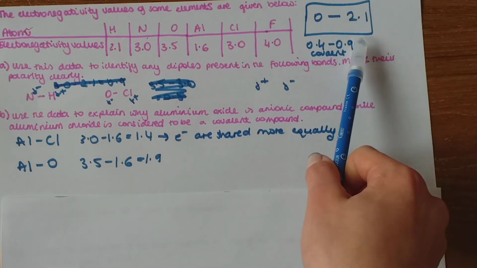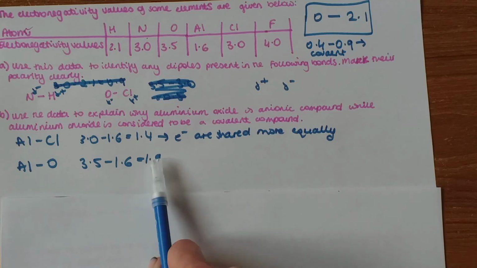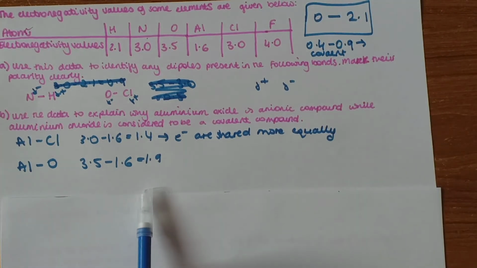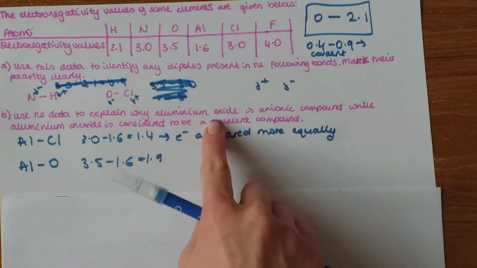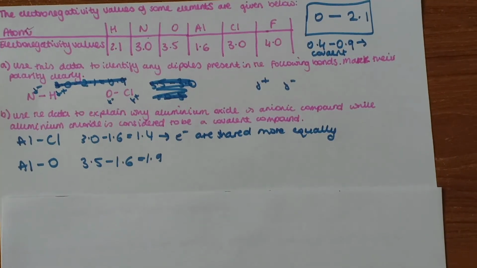And as you can see from 2.1, the compound will be ionic and it's 1.9, so it's very close. So this one's going to be more ionic and this one is going to be more covalent.